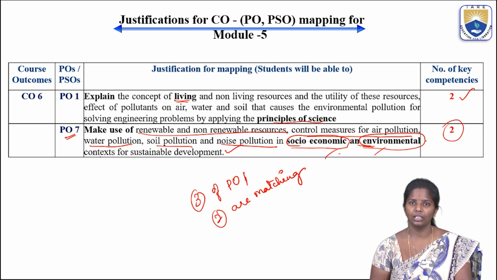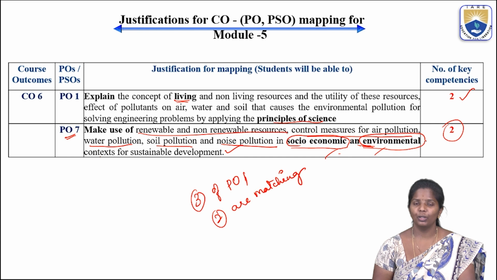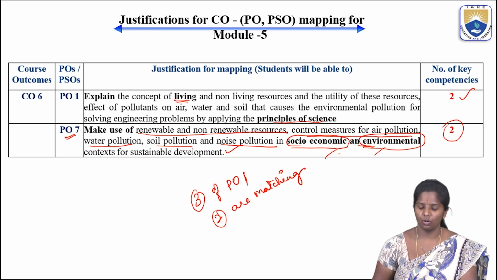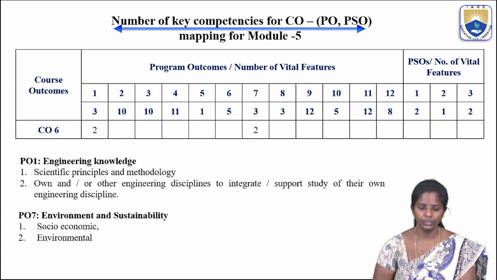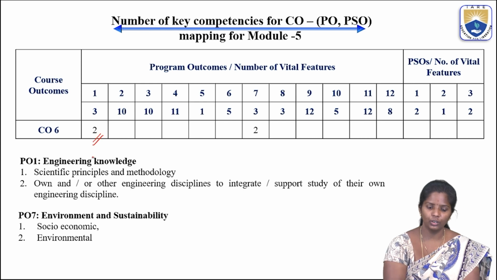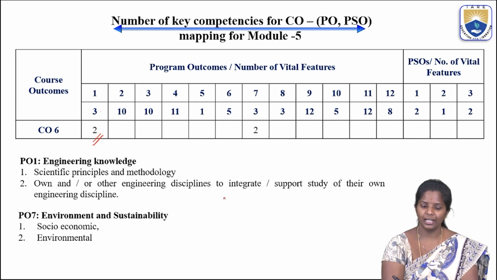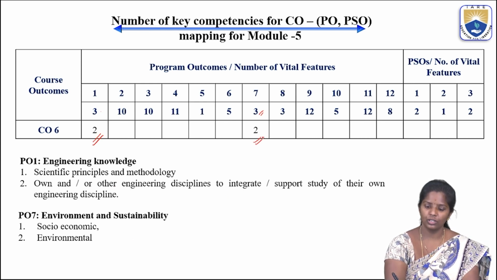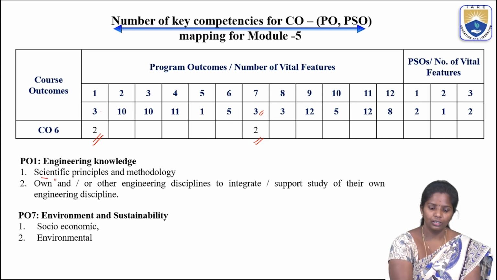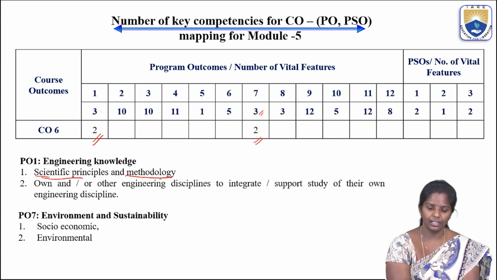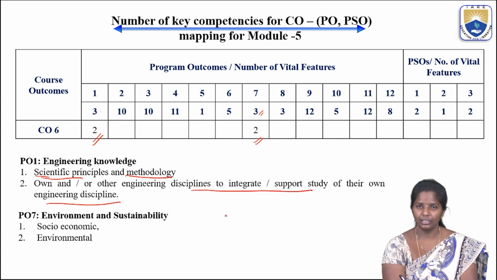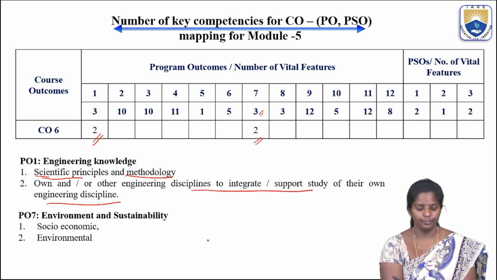So this is how the key competences from a PO are mapped with the course outcomes. Therefore, it is given here: 2 out of 3 is matching, and again out of 3, 2 is matching. These are the details: scientific principles, and support of other disciplines taken to understand.